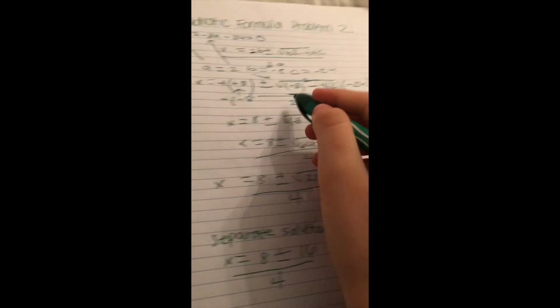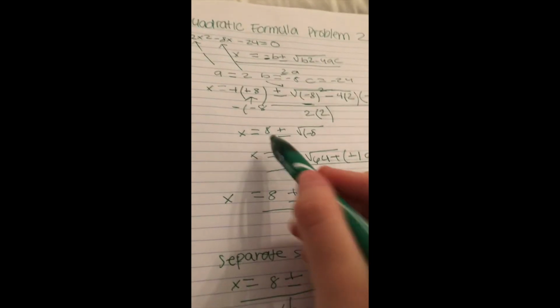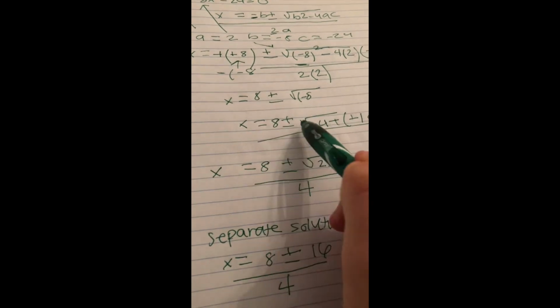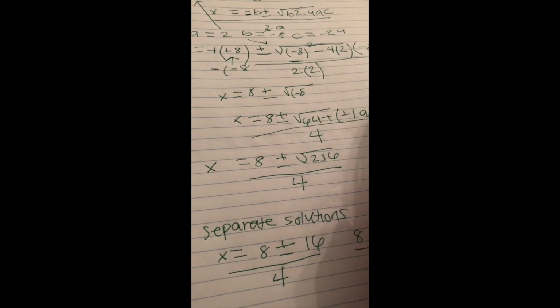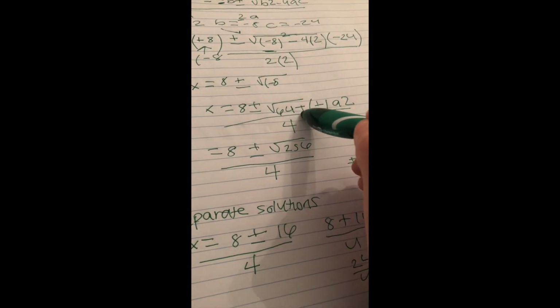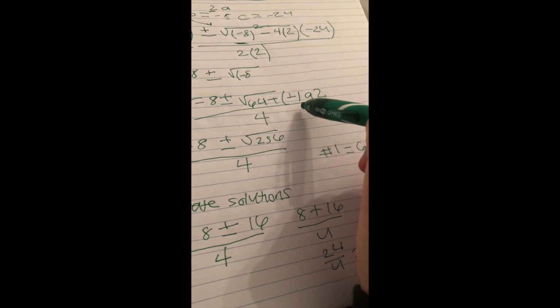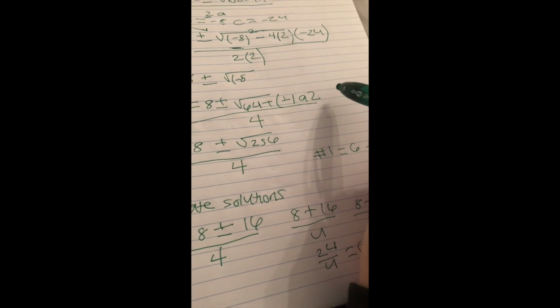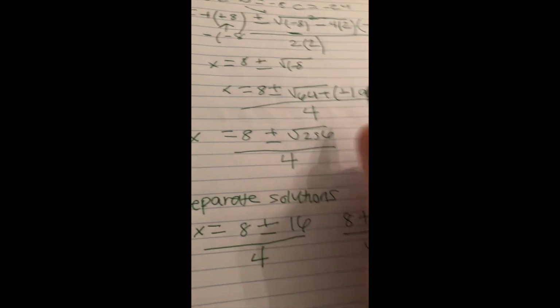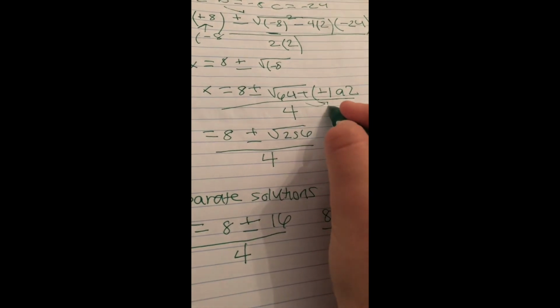Next, we simplify and multiply. Here we're going to have x equals 8 plus or minus the square root of 64 because negative 8 times negative 8 is equal to positive 64 plus 192. The 192 is positive because we had two negatives, which transferred to a positive.